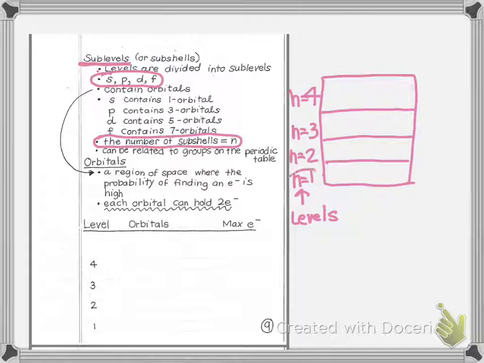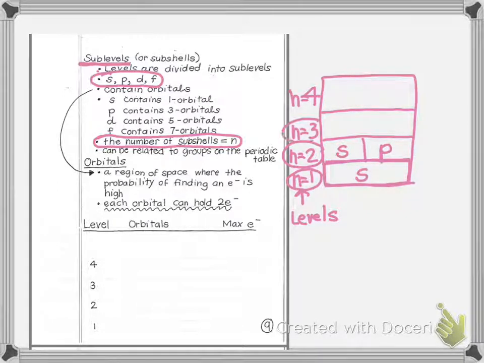So if this is N equals 1, it only has one sublevel, and we just call that S, because remember it's S, P, D, and F. If this is level 2, it's going to have 2 sublevels. They won't be equal, I'm just trying to show you. So if I had 2, I'd have an S and a P.